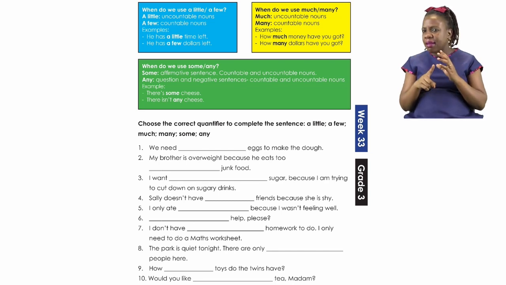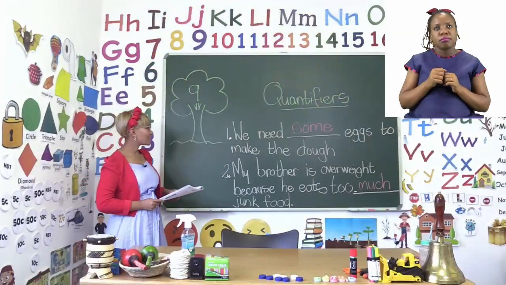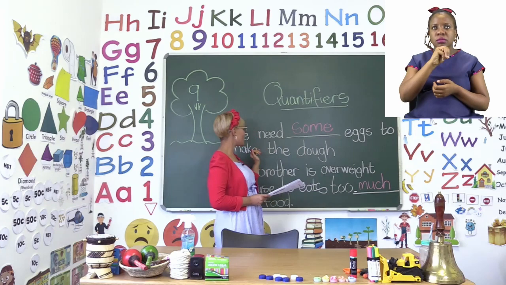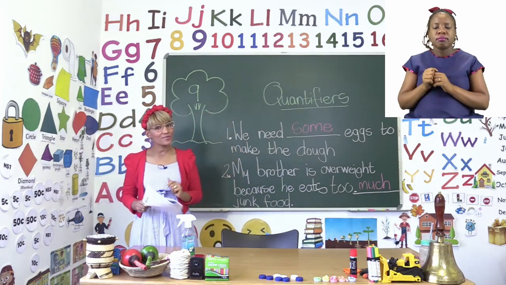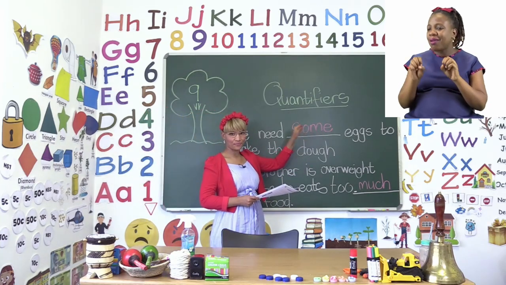So which quantifier do you think we can use here? On the board I wrote the sentence, so let's see. On the board it says, we need some eggs to make the dough. Because we don't really know how many eggs we need. So we use the word some.